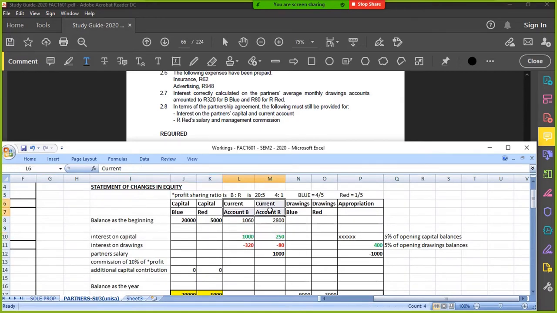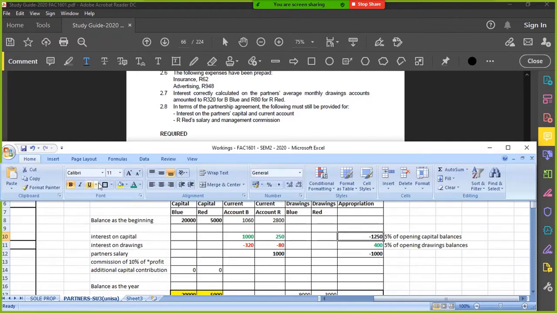Yes. They are going to get more in terms of their entitlement. But now who has to, inverted commas, pay for it? The partnership has to pay for it. So the appropriation account will have a minus. If you have pluses here, it'll be minus 1250. That's very important. That's new.